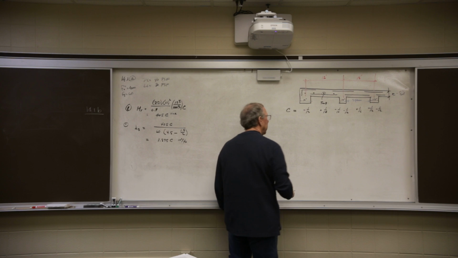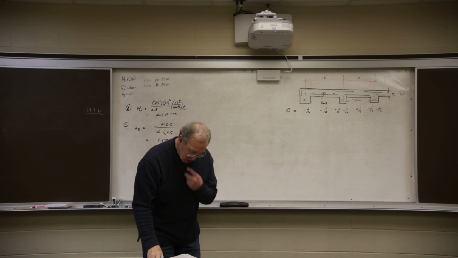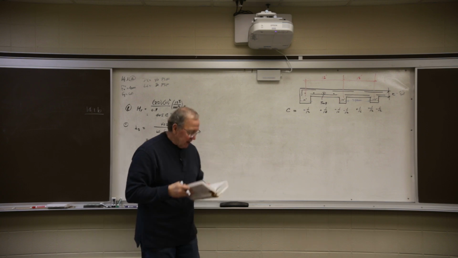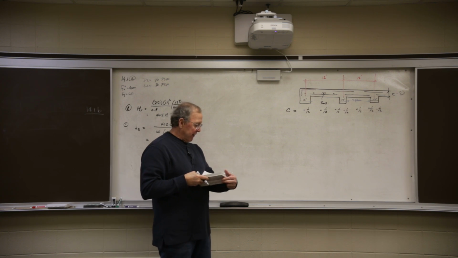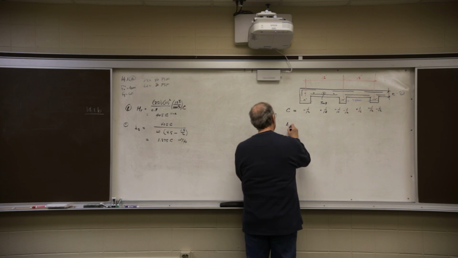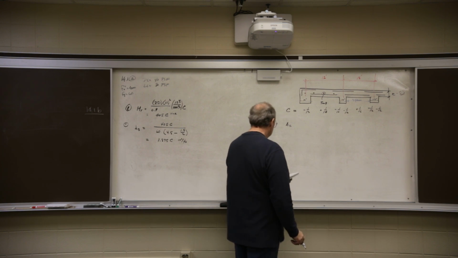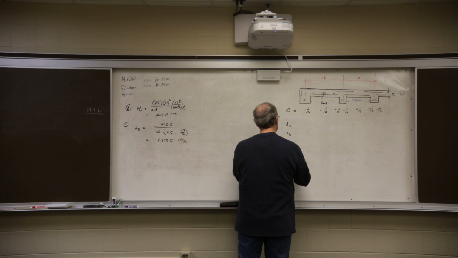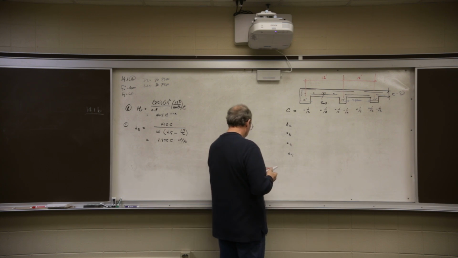If you look at page 486, you look at C, it's there. Right underneath it is AS, area of steel. Then they've got bars underneath it, number 3, number 4, and number 5. That's what they have on theirs.